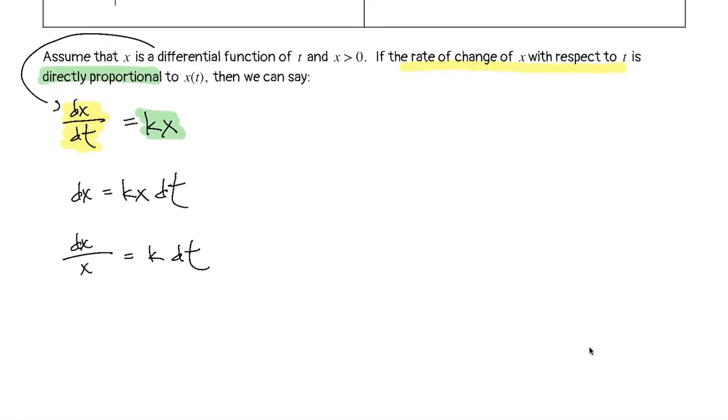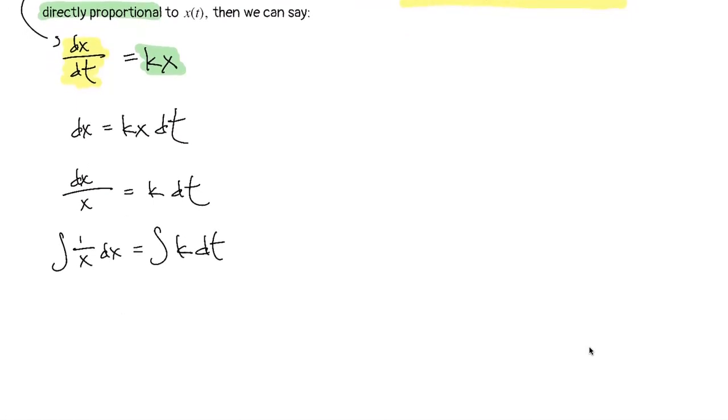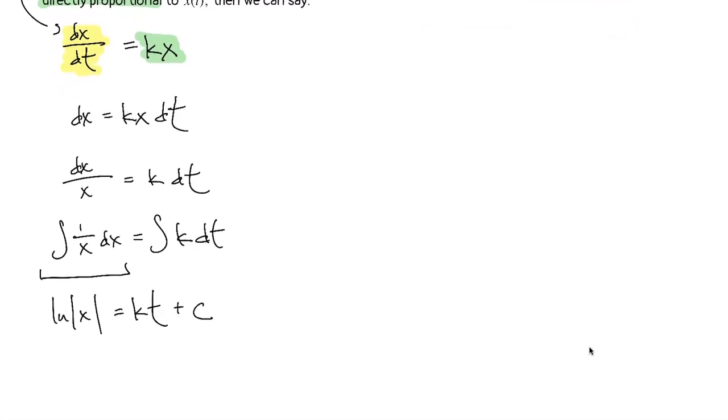So we're going to be integrating 1 over x dx, and we're going to be integrating k dt. So this left-hand side is just going to give us the natural log of x. The right-hand side, what is that going to give us? kt. Yeah, kt. And then we have to consider our plus c.